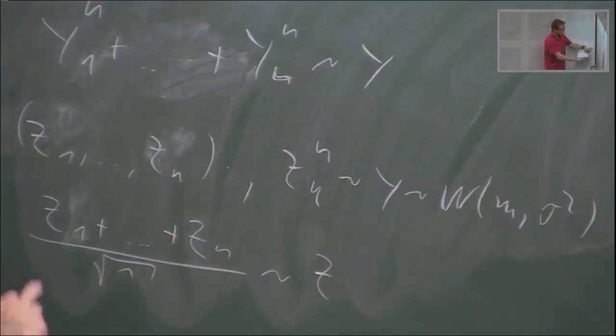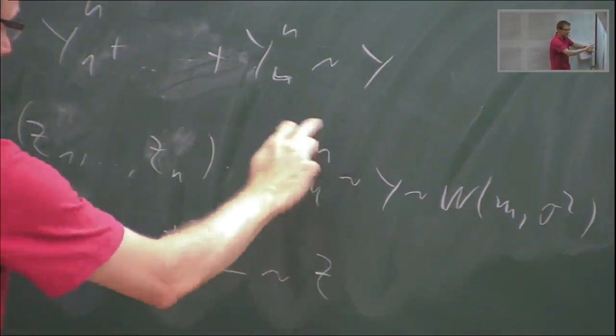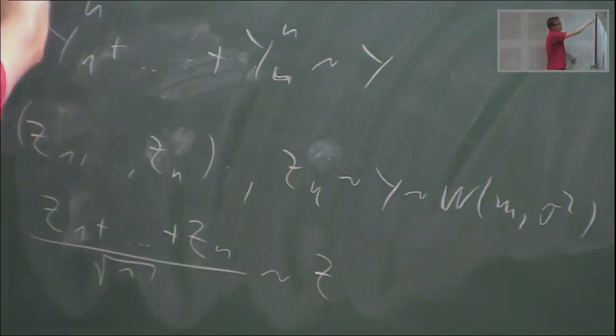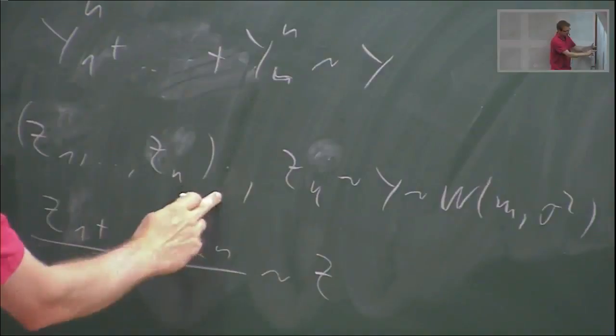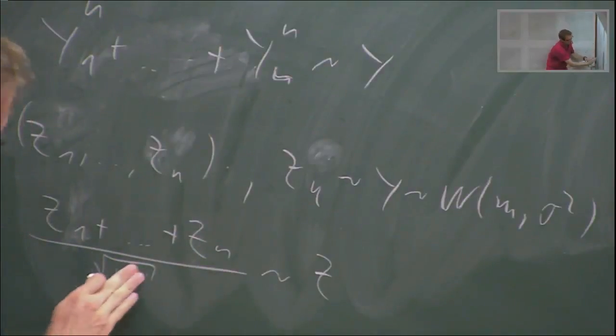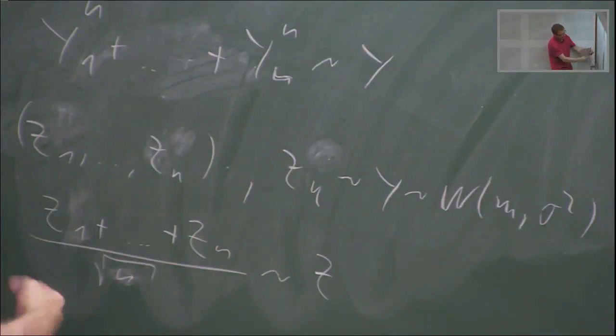So if we start with independent copies of zeta itself, sum them up and multiply each of them with a constant, in our case 1 over the square root of n, then it's again zeta distributed.